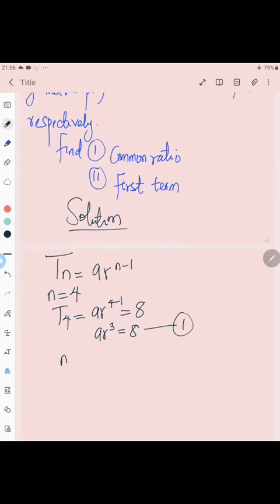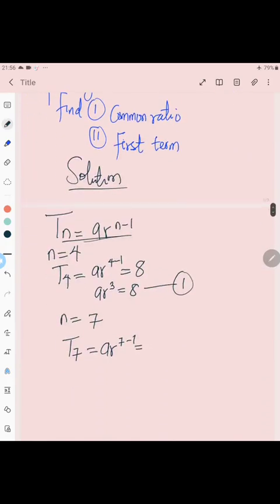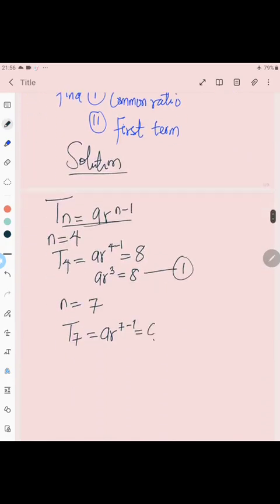Then we have n equals 7 as the seventh term. So we substitute T7 into the equation. T7 is equal to AR raised to the power of 7 minus 1, which is equal to the value given, 64 over 27. So we have AR raised to the power of 6 is equal to 64 over 27.